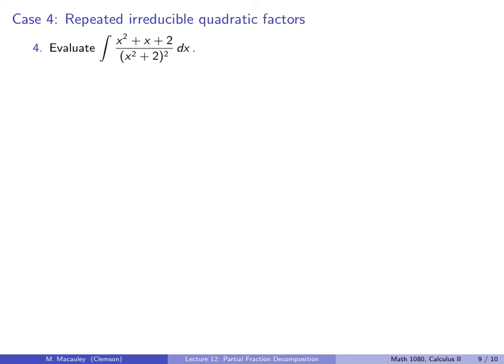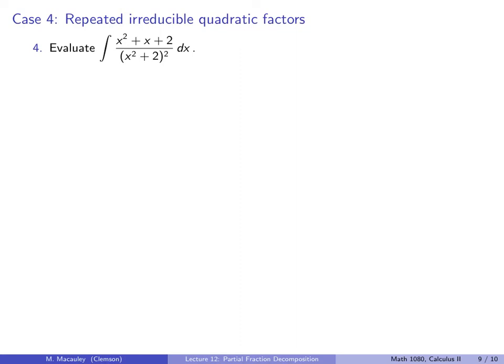Okay, so the last case is when we have repeated irreducible quadratic factors. So far we've dealt with the cases of distinct linear factors, distinct irreducible quadratic factors, repeated linear factors, and finally repeated irreducible quadratic factors. That's the last case we haven't done.